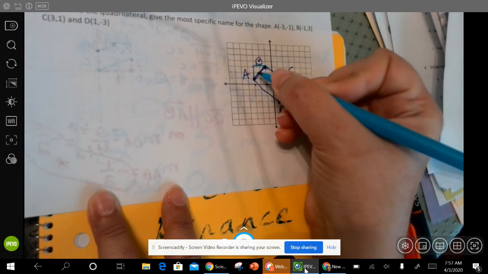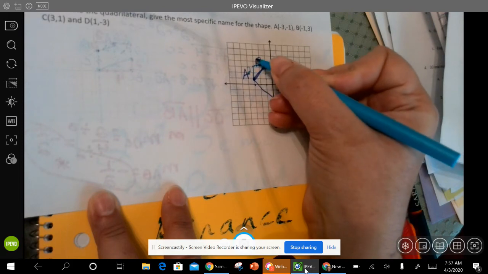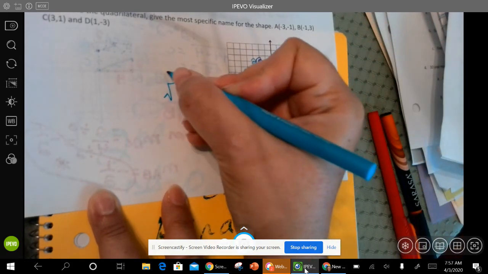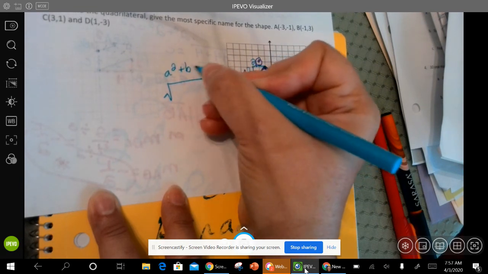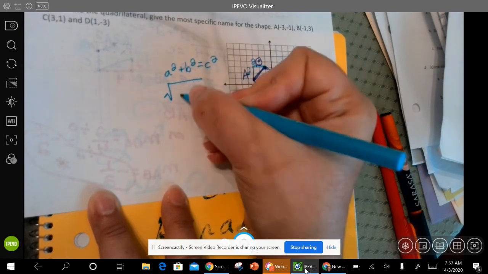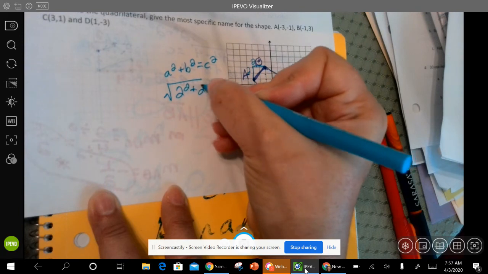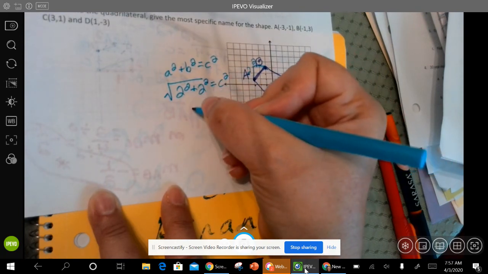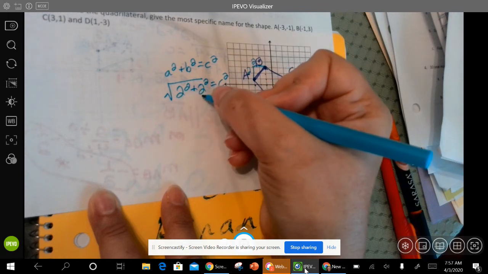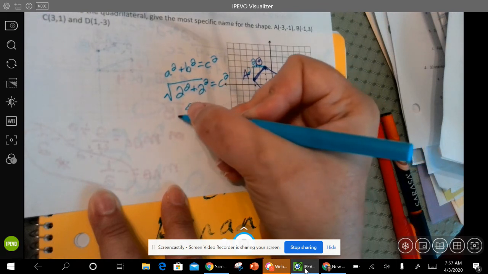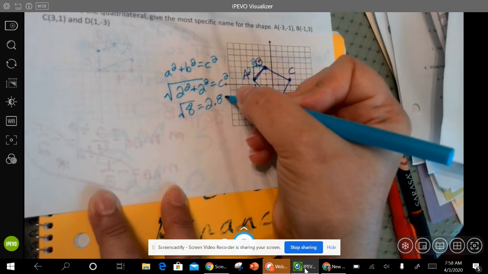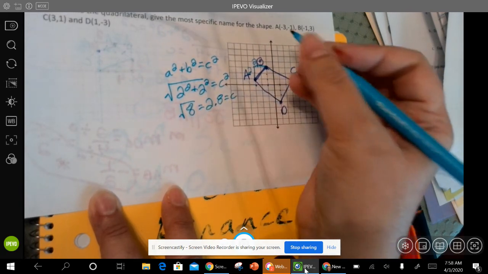So remember, we can use this. This is up 2 over 2, so we're going to use the Pythagorean theorem, a squared plus b squared is equal to c squared. So 2 squared plus 2 squared is equal to c squared. 2 squared plus 2 squared is going to be 8. Square root of 8 is 2.8 for c.